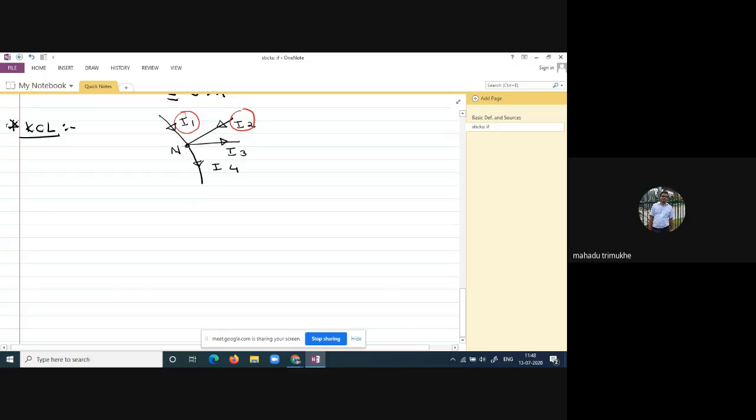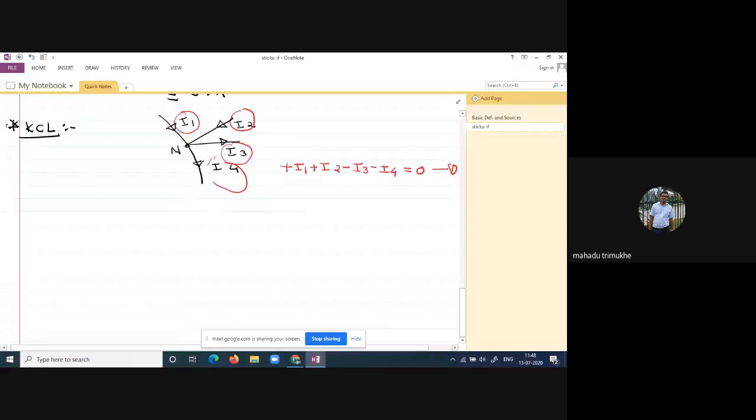While I3 and I4 are outgoing, these currents we have to assume as negative. So KCL is: positive sign for I1, positive sign for I2, negative sign for I3 because I3 is an outgoing current, and negative sign for I4 is equal to 0.